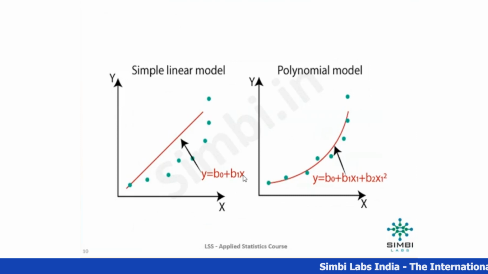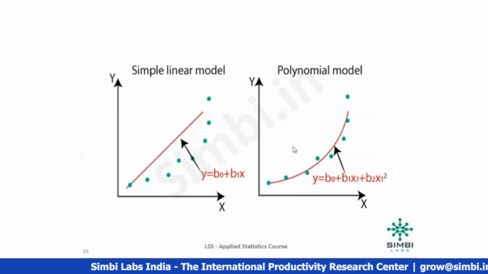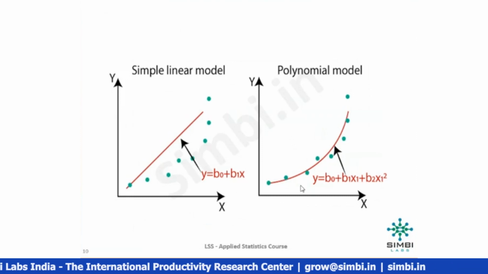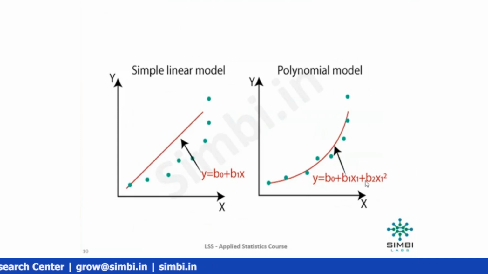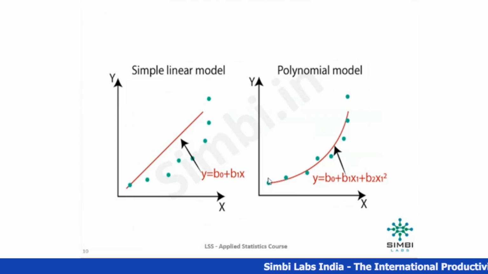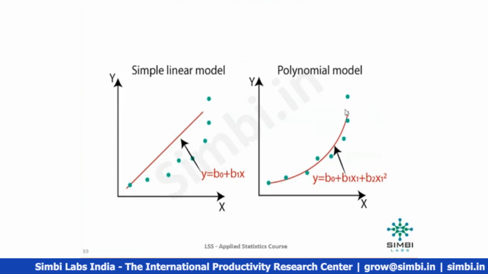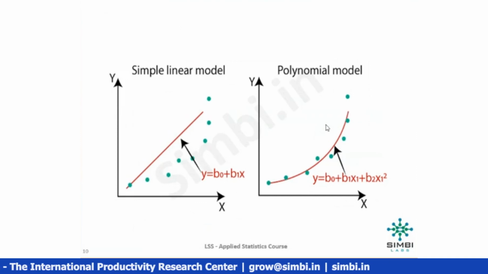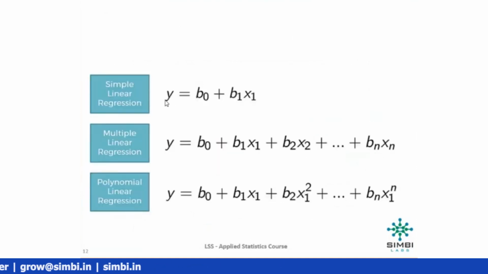Whereas the polynomial model, which we can use for a large type of data, is y equal to b0 plus b1 into x1 plus b2 into x square and so on, up to, say, the ninth degree. This curved line is not a best fit line, it is a non-linear model. Here we can observe the polynomial model compared with the simple linear model.